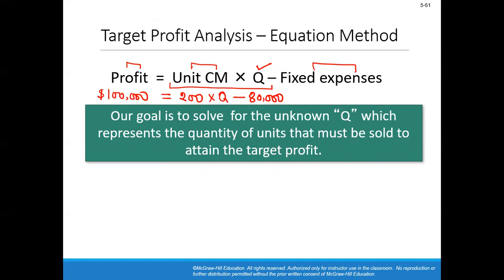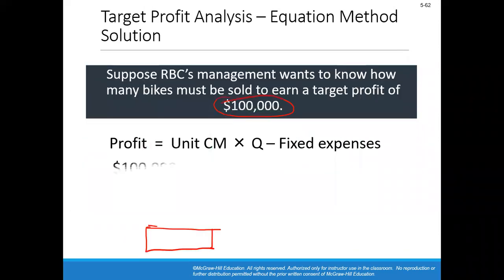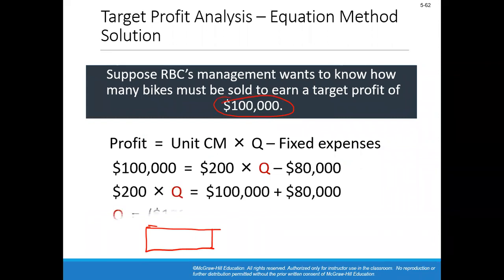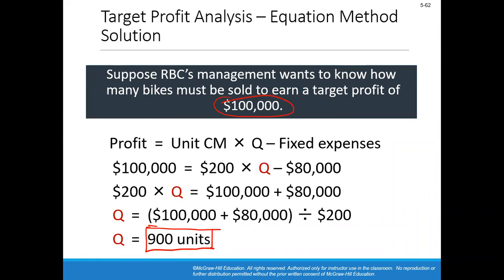What does it indicate? It indicates that I need to sell 900 units of bikes to have a profit of $100,000, given that the selling price, variable cost, and fixed expenses are maintained as before.